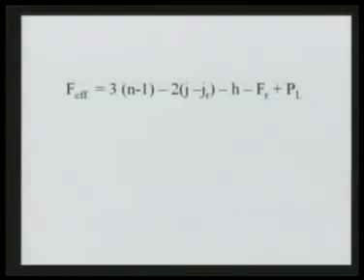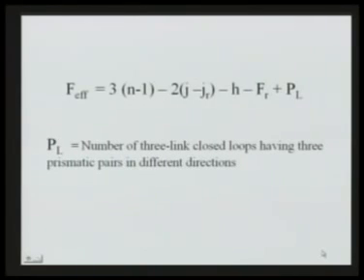I would like to say F effective is equal to 3 times n minus 1 minus 2 times j minus jr minus h minus fr plus PL, where PL is the number of 3-link closed loops having 3 prismatic pairs in different directions. While deriving this formula, we have not bothered with the kinematic dimensions of the mechanism. So this formula may have some exceptions for some very special kinematic dimensions, as we shall see shortly through a number of examples.